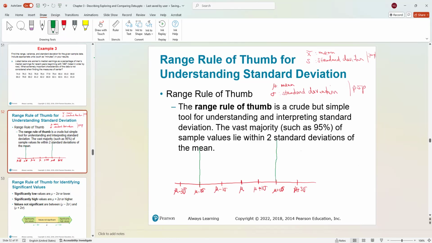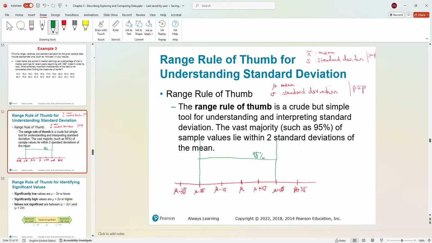So about 95% of the data lies between two standard deviations. We could improve the accuracy of this rule by taking into account such factors as the size of the sample and its distribution, but we sacrifice accuracy for the sake of simplicity.